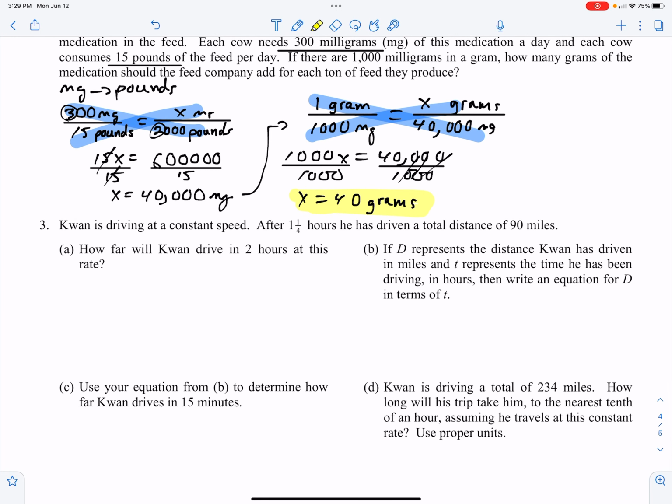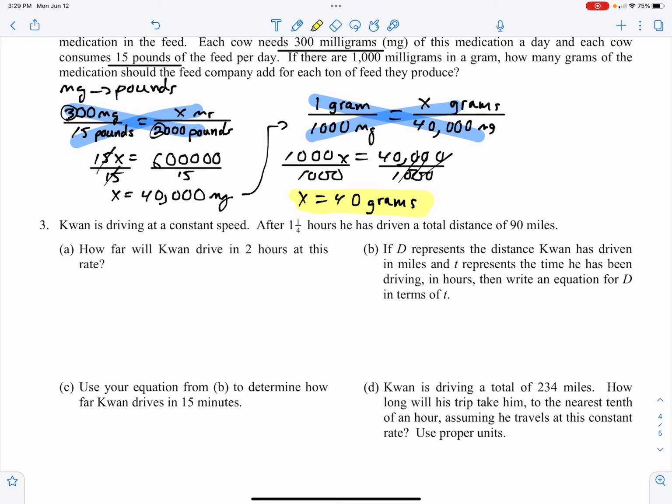Number 3, Quan is driving at a constant speed. Now that's kind of important because when you change your speed, then you can't really use just regular proportional reasoning. The problems become a little more complicated when you do change your speed. So he is going at a constant speed.